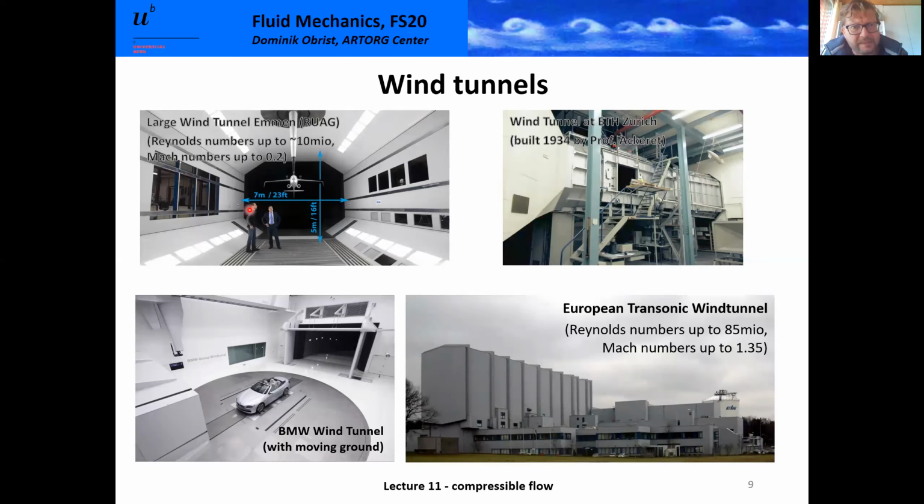And you see two people standing inside the test section. The test section has a width of 7 meters and a height of 5 meters. This is a relatively large test section. Not all wind tunnels have test sections that size, and obviously size is also connected to cost. You actually see here a model of an airplane inside this wind tunnel.